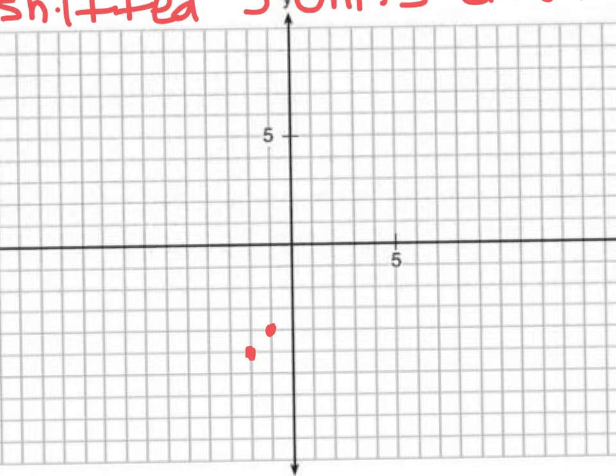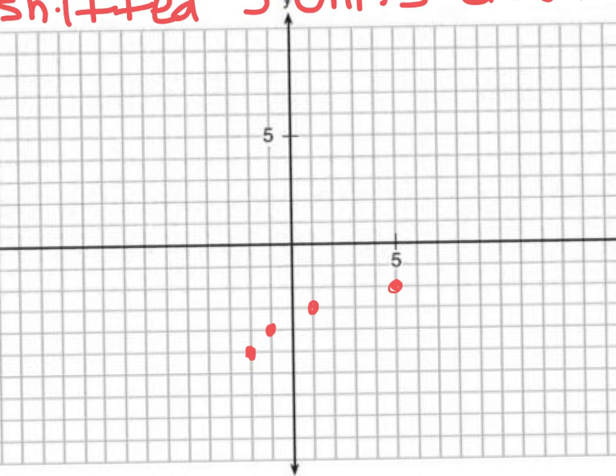At 1, we're at -3. And then if you keep scrolling down your table, at 5, we were at -2. And then at 13, I'm going to have to count this out. So 5, 6, 7, 8, 9, 10, 11, 12, 13, we're down here at -1.